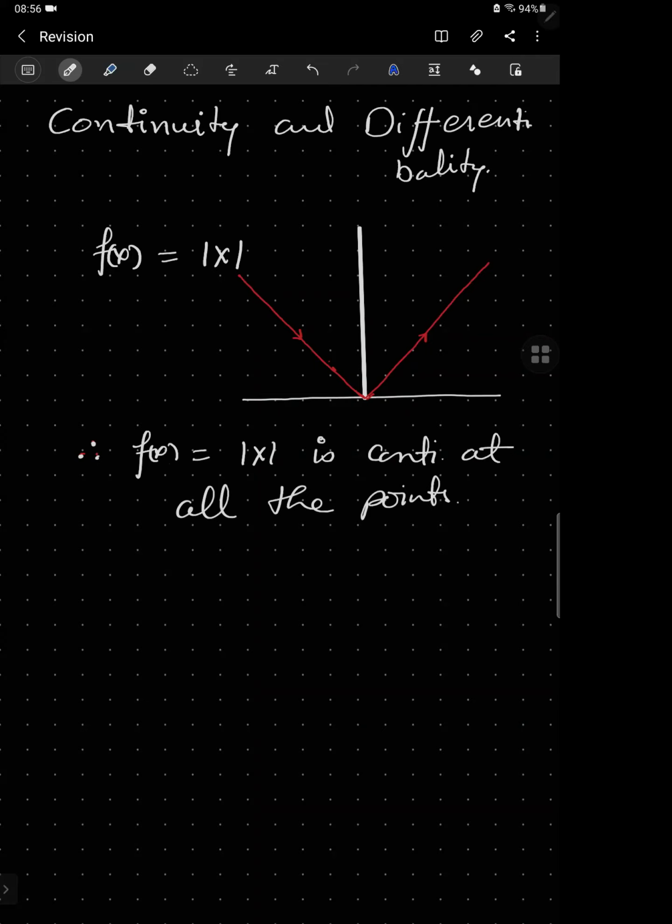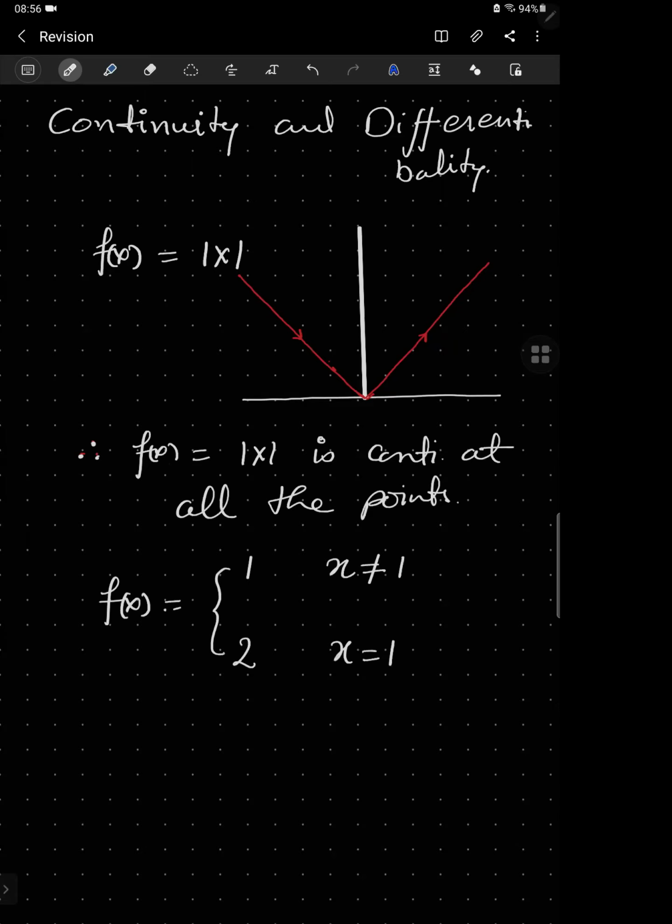Now another example I'm taking, this will be an example for discontinuous. So now function f(x) is given to us. f(x) equals 1, x is not equal to 1, and 2 when x equals 1.